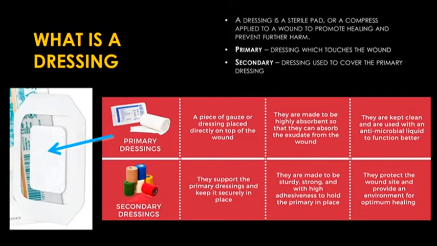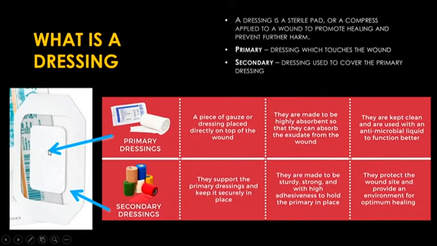Depending on the wound, which I'll touch upon later, you want to give the appropriate characteristics to that wound. A secondary dressing is something that is not directly in contact, and that is chosen to supplement your primary dressing. Sometimes the primary dressing may not stick well, and then you need an adherent dressing to make sure this dressing stays in place.